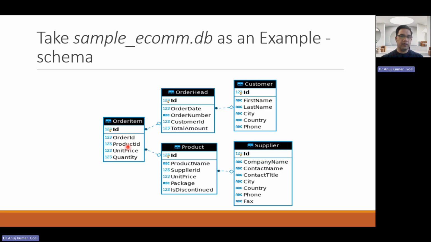Here we can see we have different IDs: order ID, product ID, unit price, and quantity. Then we have other tables, and the whole structure is an example of a relational database. We will see that in programming as well.